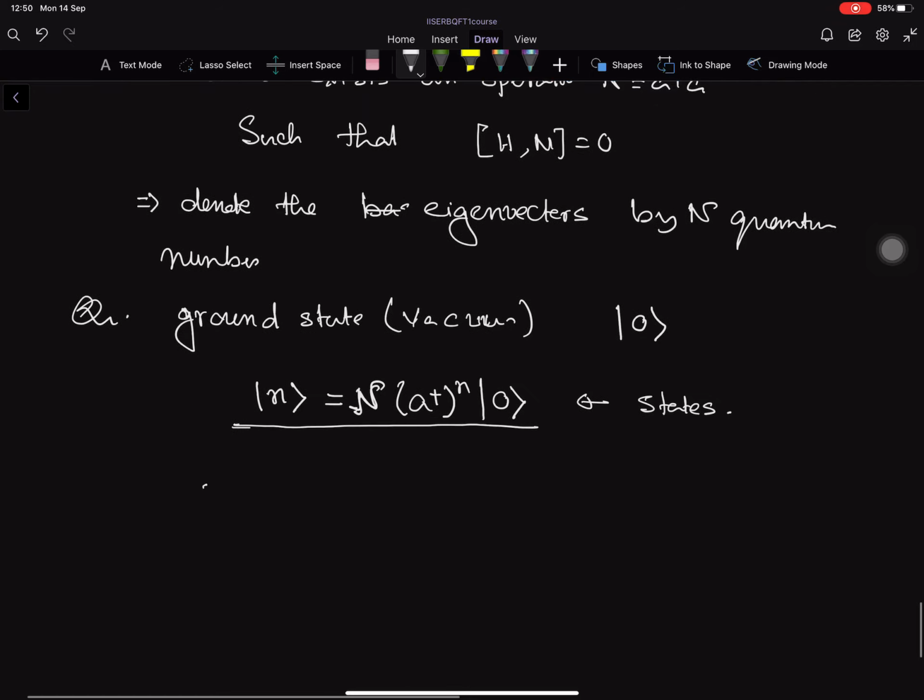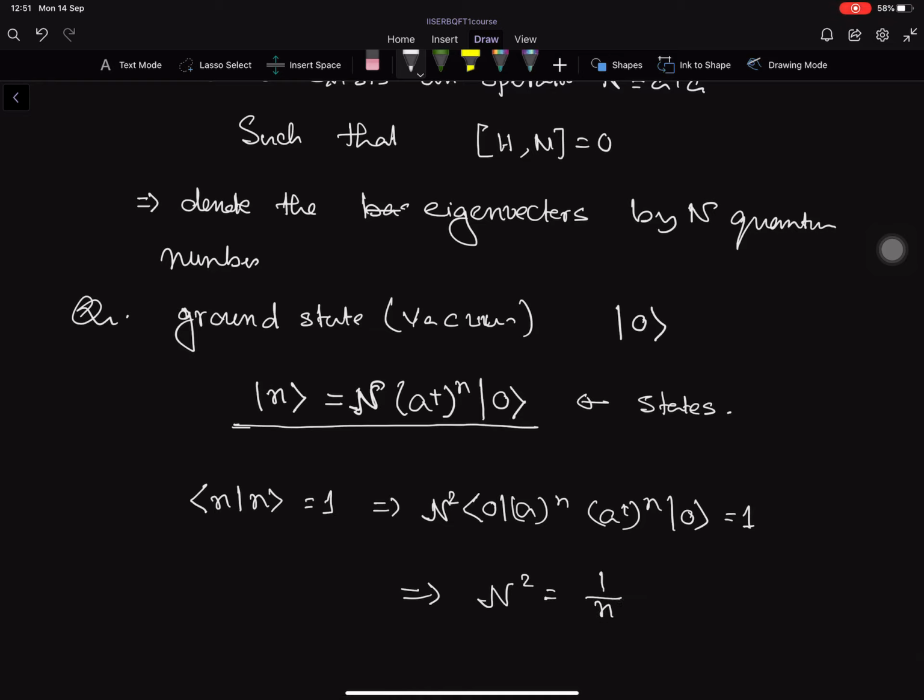Now the normalization is easy to fix. You want <n|n> equal to 1, which implies that you want c_n squared times <0| A to the n, A dagger to the n |0> equal to 1. And if you do that, you can show that c_n squared must be 1 over n factorial, which means that c_n is simply 1 over square root of n factorial.